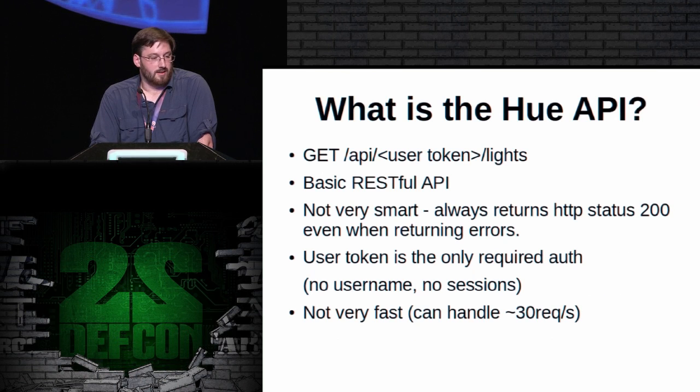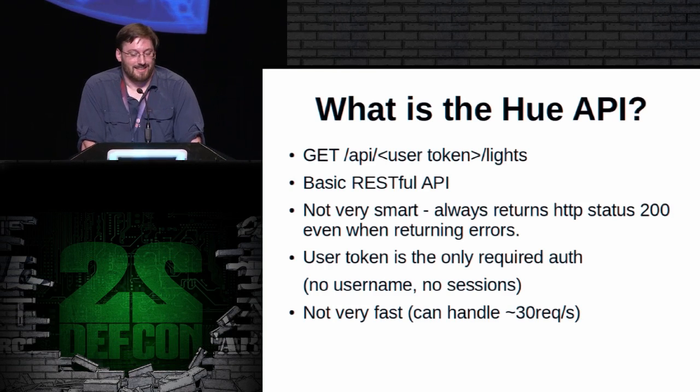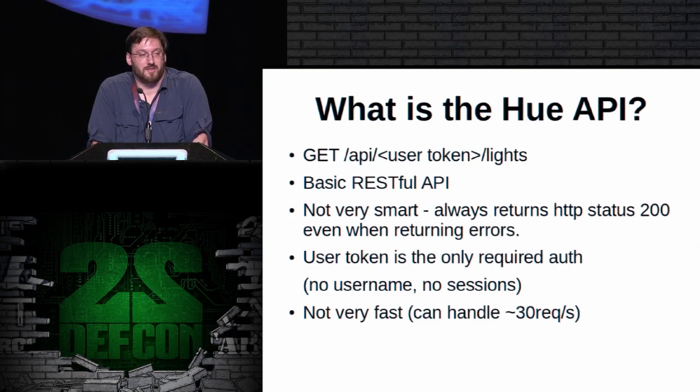So this is the Hue API. It's very basic. The networking stack in that thing is very interesting, and I mean that in the nicest possible way. It always returns the HTTP 200 status code. It doesn't really mind if you just don't send ACK packets. It just kind of keeps going. As I said, it's just the user token.